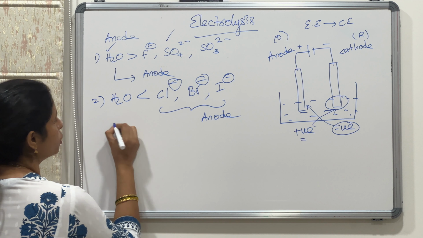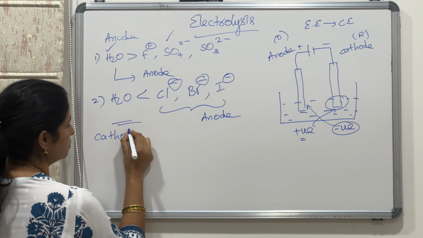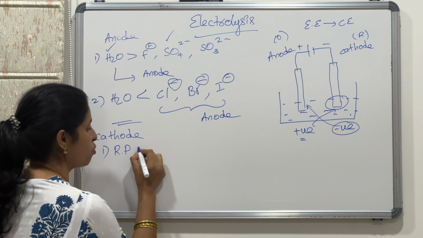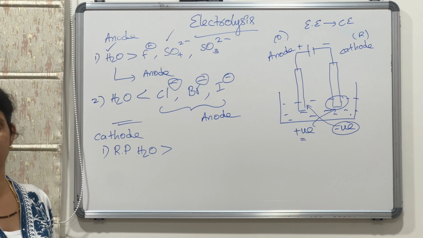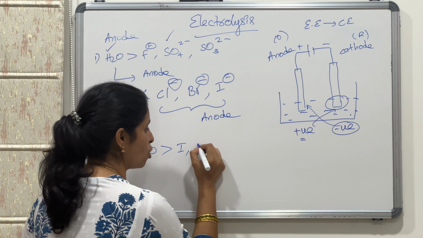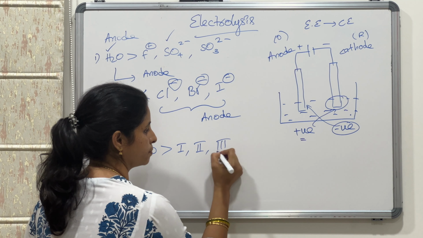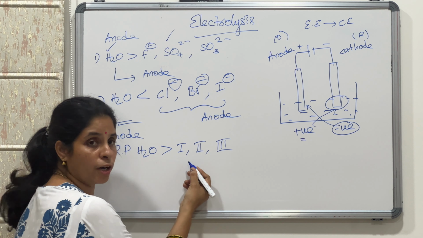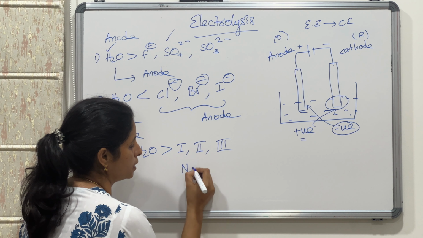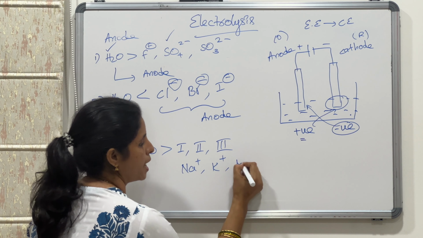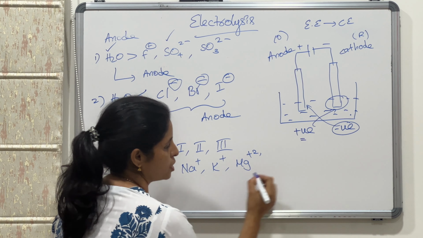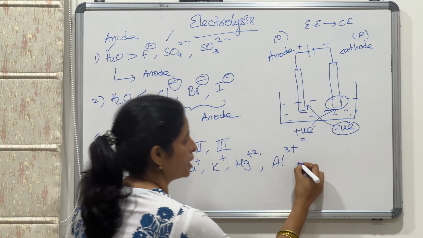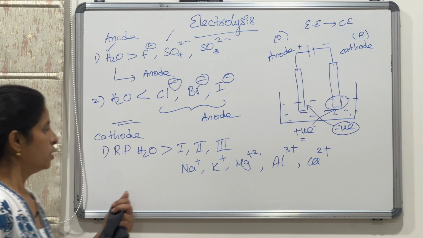And to write the products at the cathode, rule number 3: the reduction potential of water is greater than that of the cations of group 1, 2 and 3, meaning Na plus, K plus, Mg 2 plus, Al 3 plus, Ca 2 plus and so on.